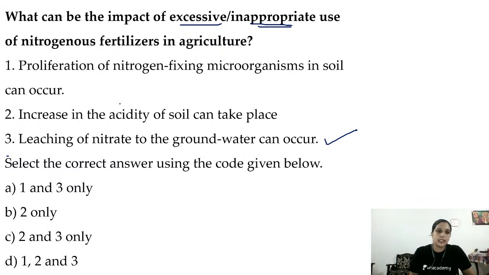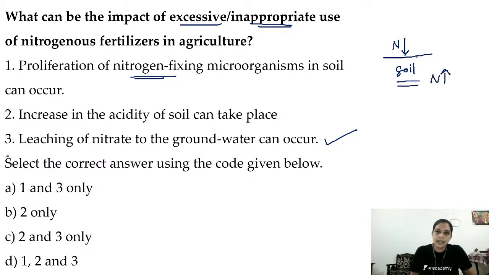Okay. One more thing. Nitrogen fixing microorganisms. What is the function of nitrogen fixing organisms? They take the atmospheric nitrogen and fix it to the soil. That is the function of nitrogen fixing microorganisms. See, you are using excessive nitrogen, which means the soil itself has very high nitrogen.